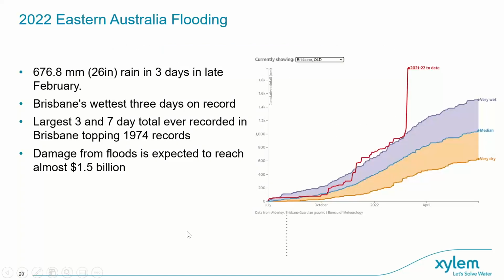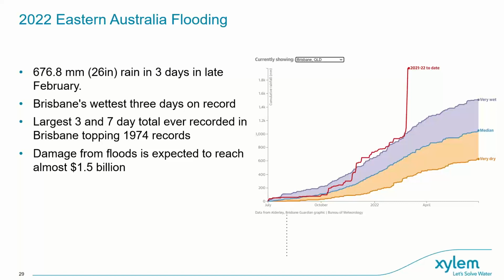So we're going to zoom in on Brisbane because it's a very populated region and was hit pretty hard by this flooding, and this is where we have a data set from. So in Brisbane, there was 677 millimeters of rain in 3 days in late February.